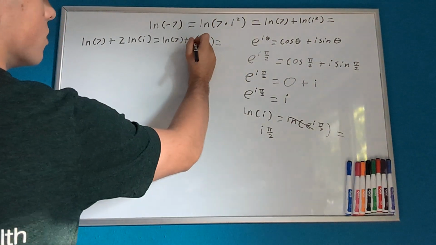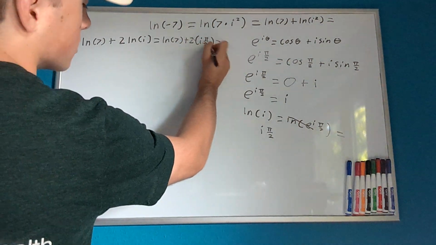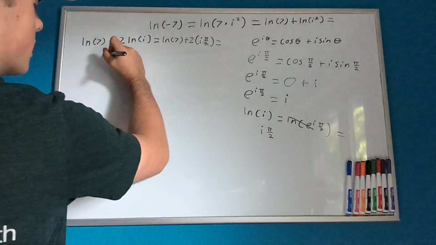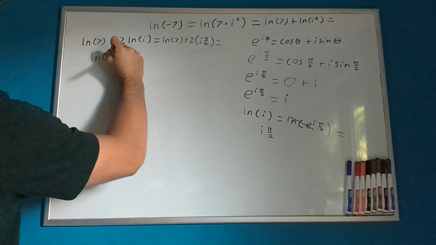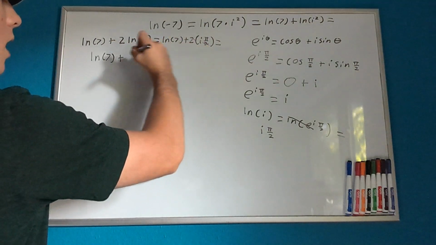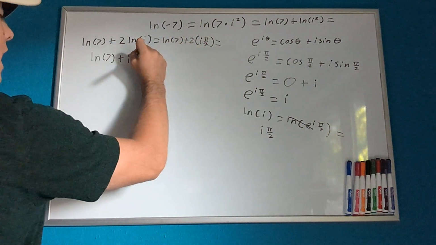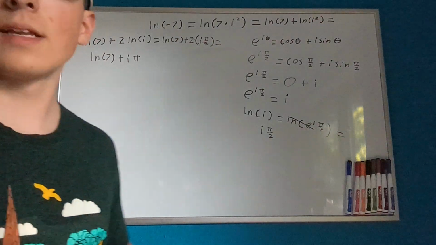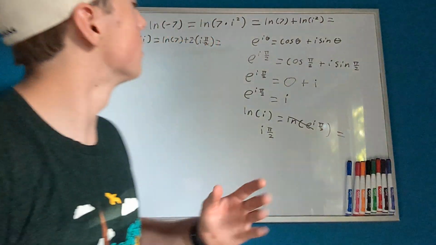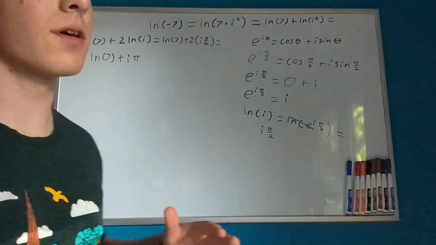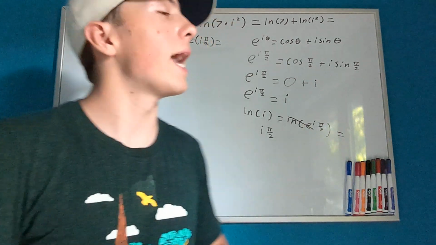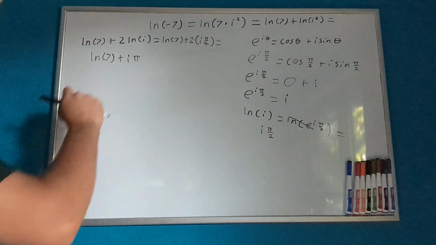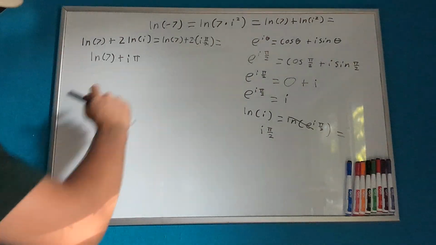Now, these twos right here will cancel out, and we'll just get the natural log of 7 plus i pi. So we just went from the natural log of a negative number, which is undefined if we stick to just real numbers, and with complex numbers, we're able to define it and put it into rectangular form.